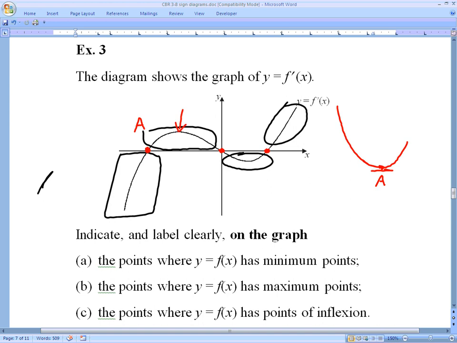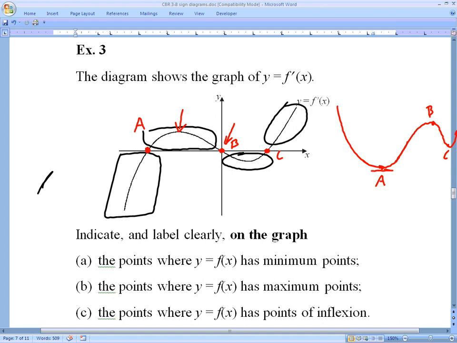And the positive slope's getting higher and higher and higher until it gets a little bit less high and less high and less high until it goes back to what I'm going to call point B, where there is no slope at all. And then it has to have a negative slope for a little bit. I'm running out of room here. And then finally, it would hit C right there. And then it has a positive slope from that point on. So that's the overall shape of the graph.